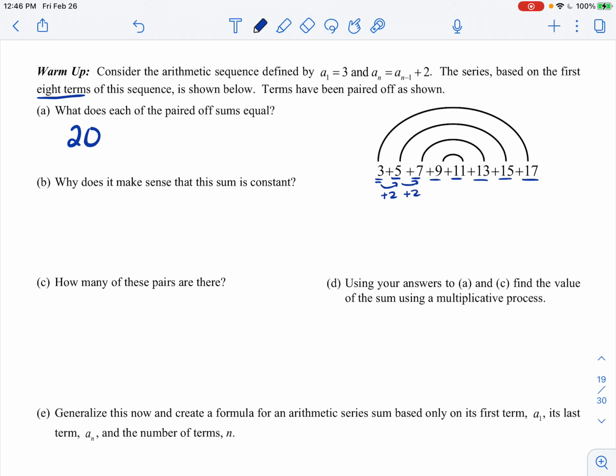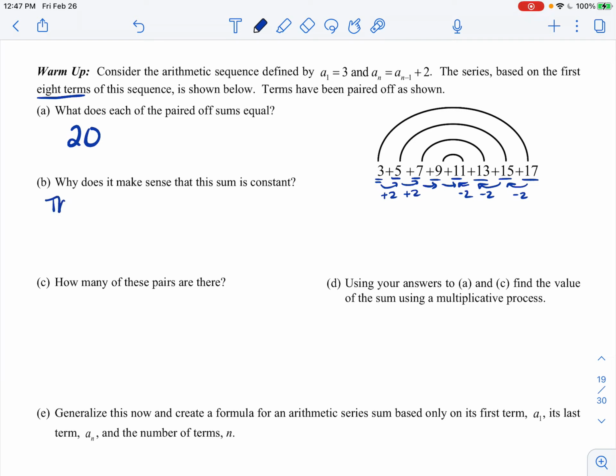Now, why does that make sense? Well, let's think about this. If we're adding 2 to get from term to term, going left to right, that also means you're subtracting 2 as you go the other way in the sequence, right? If you think about going in either direction here. So because this sum is constant, it makes sense: each term, if you're going up by 2, the other side's going down by 2, so it's balancing each other out.